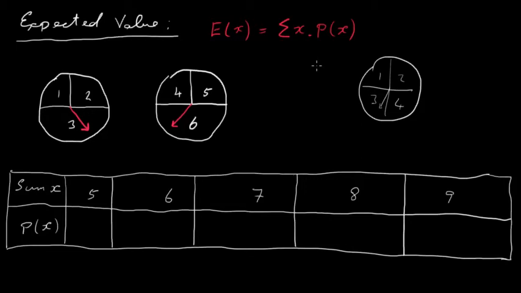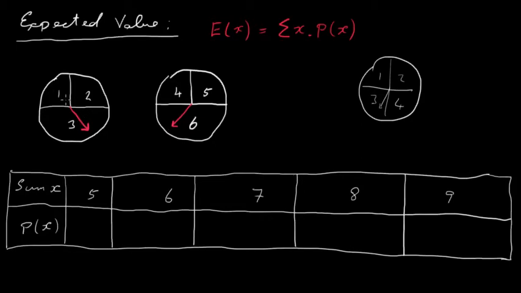The first thing we need to do is write down all the probabilities. We've got to work out the probabilities of getting 5, 6, 7, 8 and 9. Let's work out 5 first. What's the probability of getting a 5? How can we get a 5? If we spin this spinner and this spinner, the only way we can get a 5 is if this one lands on the 4 and this one lands on 1.